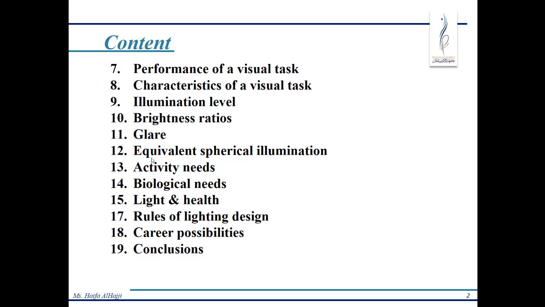Then we have equivalent spherical illumination, which is a used measurement for lighting. And then we're going to talk about in general how lighting is related to humans and what their needs are that we need to take into consideration in our design later on. And at the end, we'll talk about a summary of rules of lighting design.